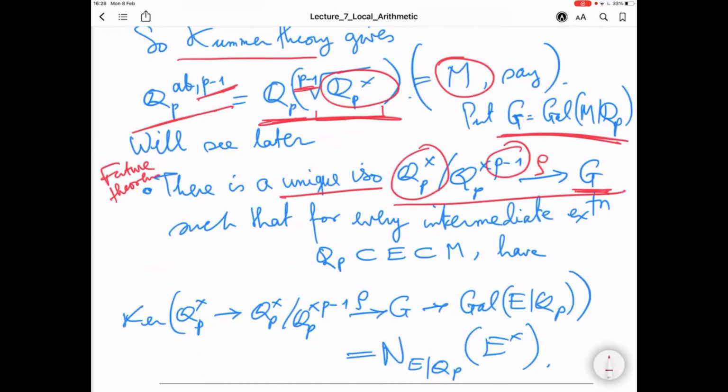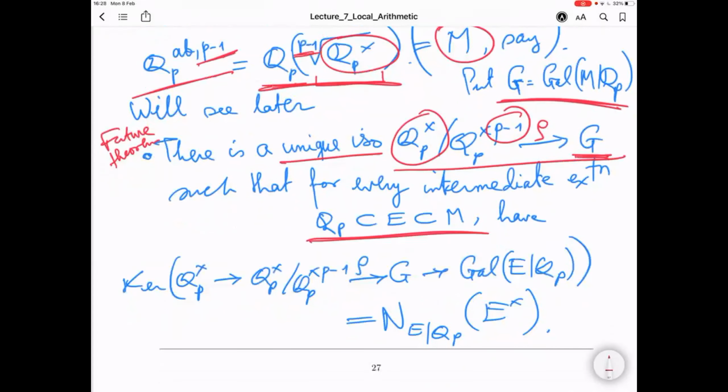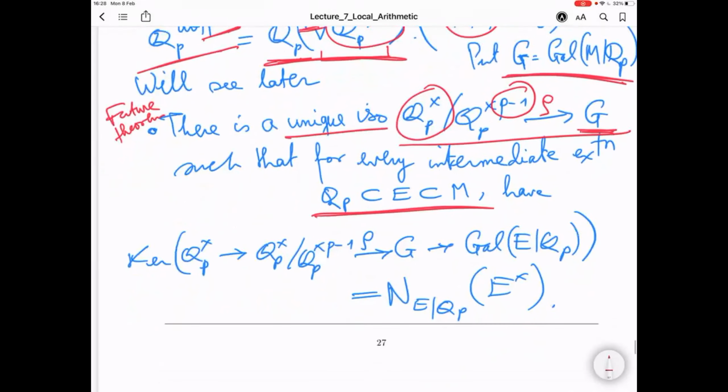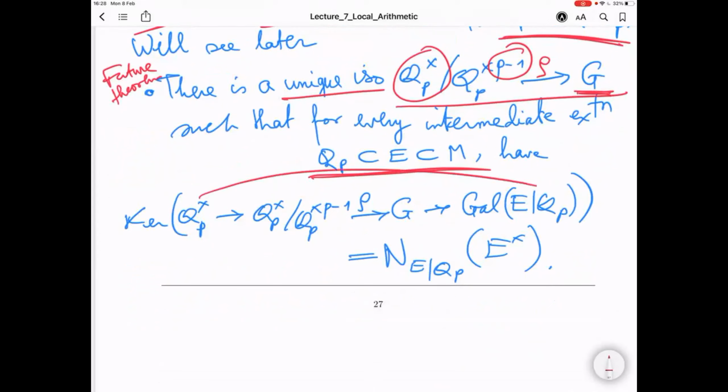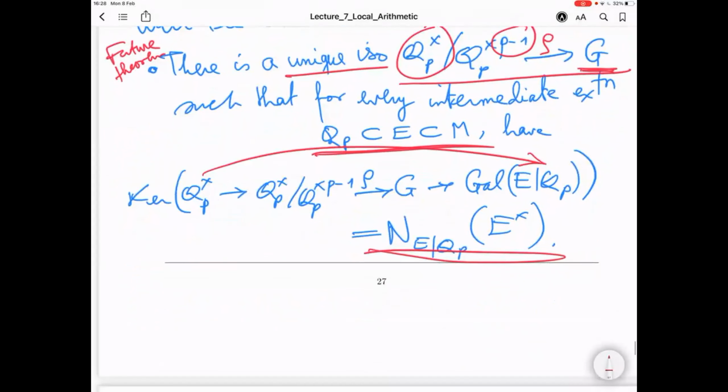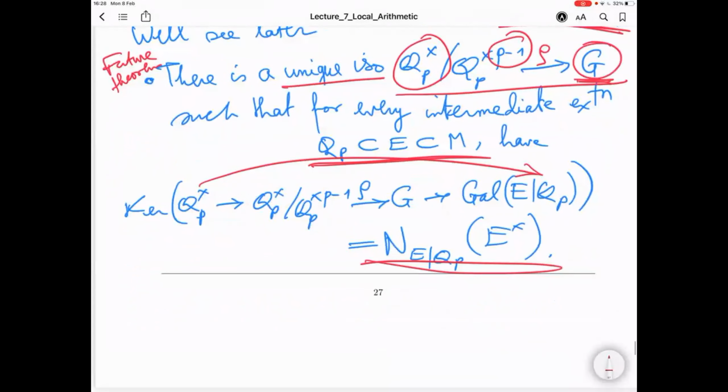M is this extension here, such that for every intermediate extension, the kernel of this composite map is equal to the image of the norm map. So that just gives you what this G is.